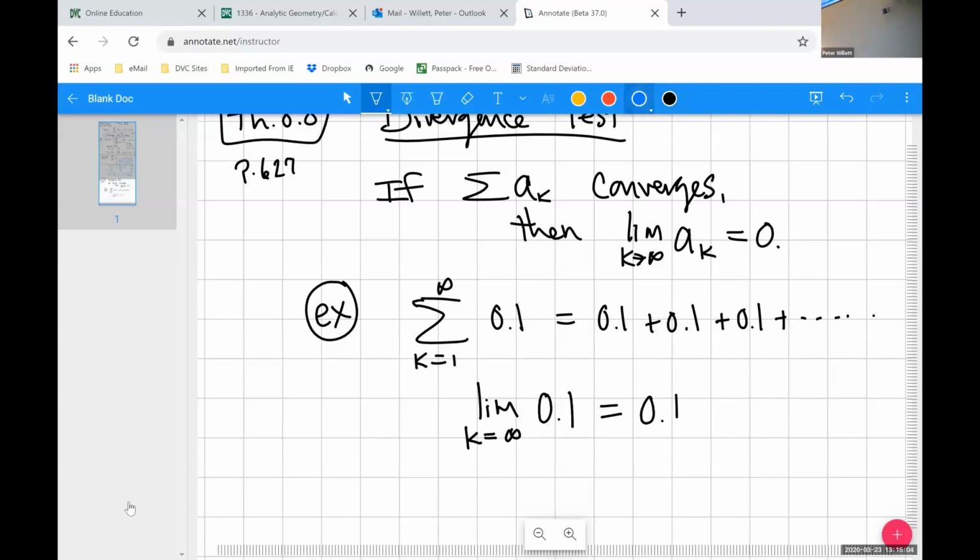So the divergence test tells me that since this is not equal to 0, and I know that for any convergent series the limit must be 0, if the limit is not 0, it therefore diverges.